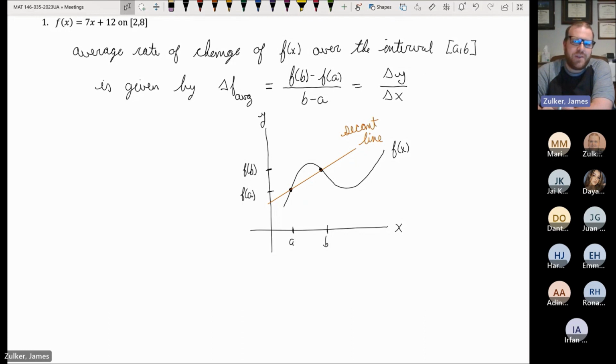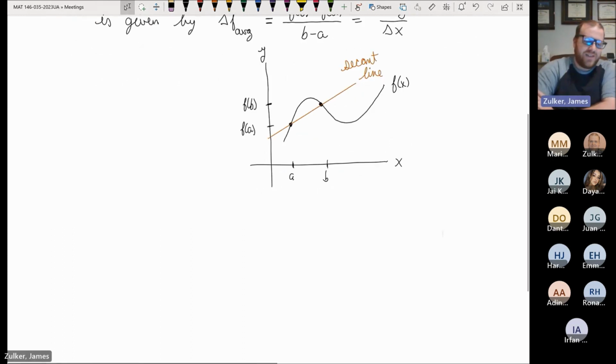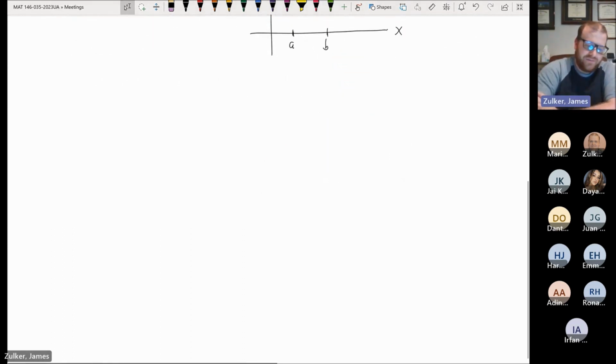That's the slope-intercept form of a line, where m is the slope. So how would you actually calculate m? It's rise over run, which is change in y over change in x. So isn't that the slope of this secant line?